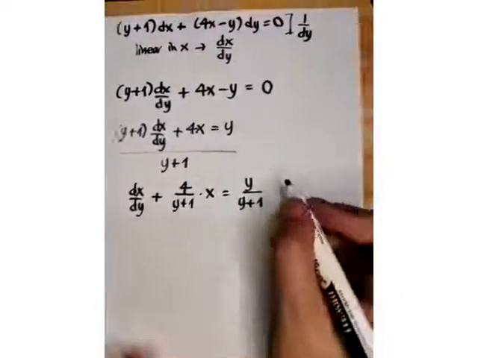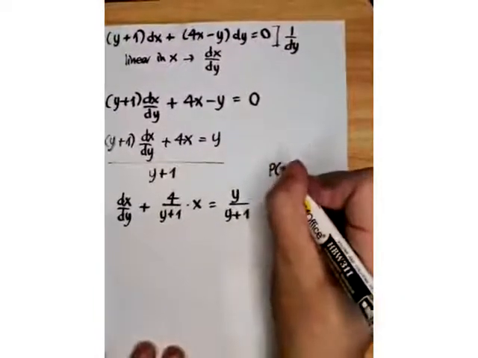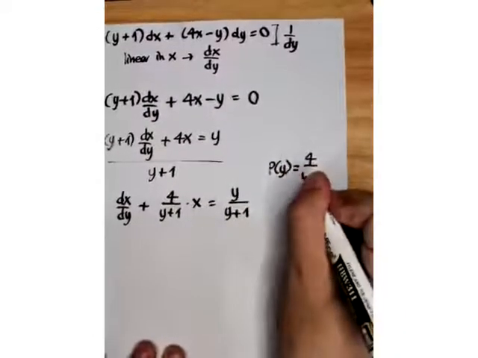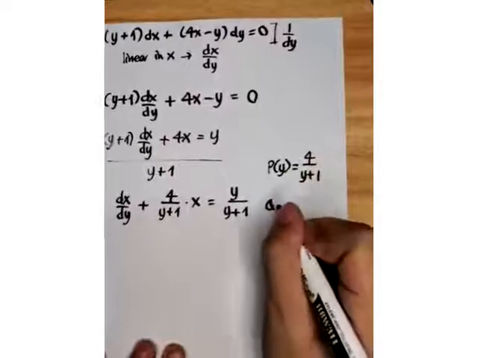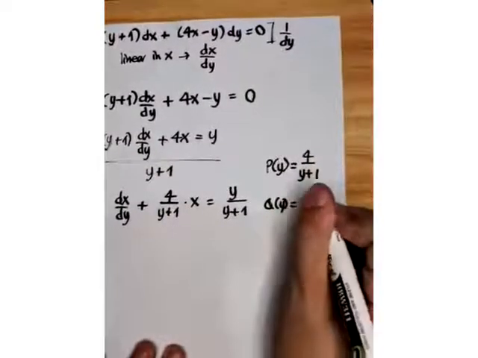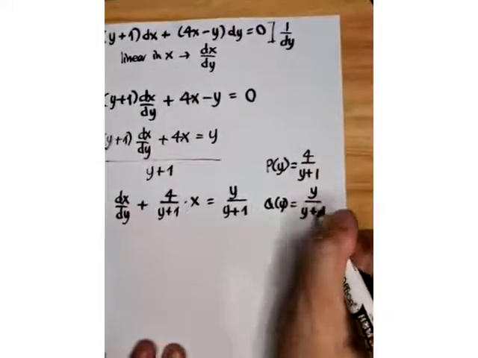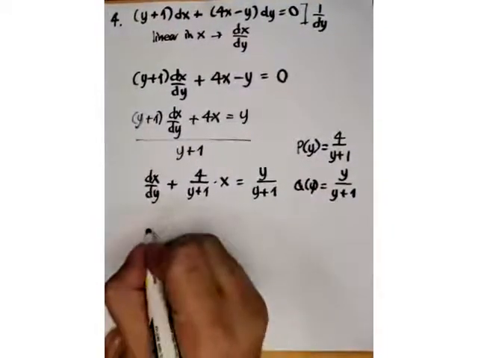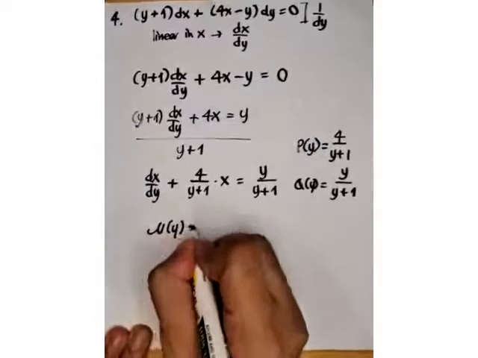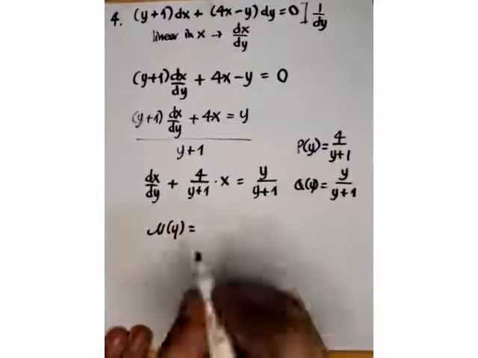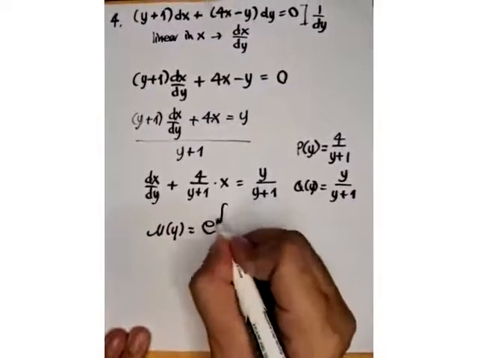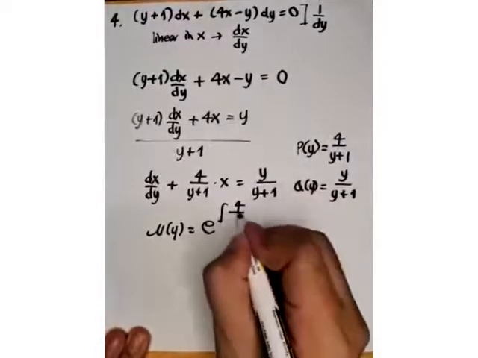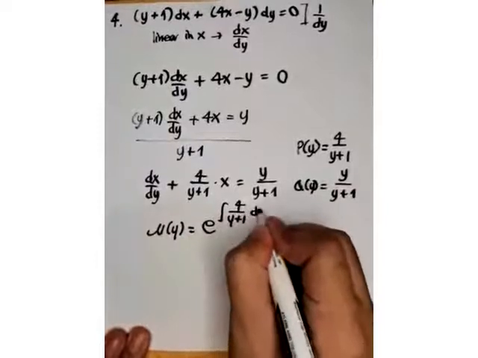Ayan. So ano ang ating p of y? So our p of y is 4 over y plus 1. And then yung q of y natin ay y over y plus 1. Ayan. So unahin na natin yung ating integrating factor. So integrating factor natin na mu of y, so that's e raised to the integral of p of y, 4 over y plus 1 dy.